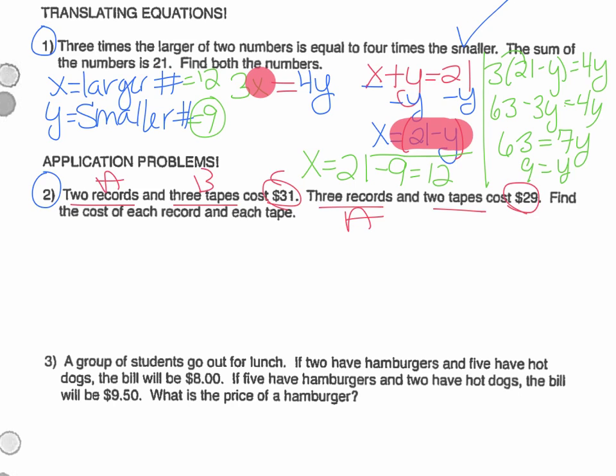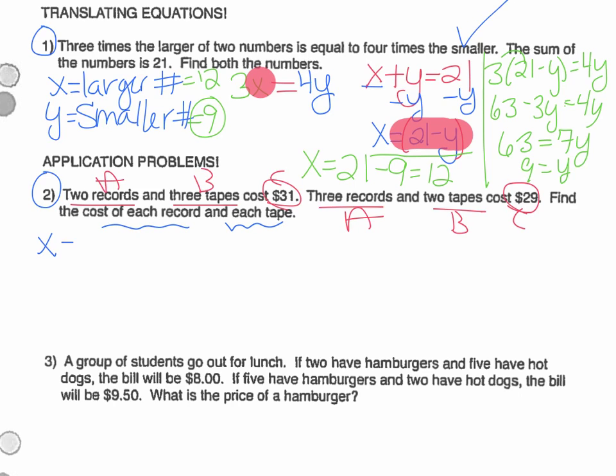So here's my next A, B, and C. So let's create those equations. Sometimes it's helpful for people to have their variables defined after they create their equations. That way they can sort of see what they're doing. But I think it's really important to try and define those first. So you want to make your variables the 2 different things that you're trying to find. Find the cost of each record and each tape.